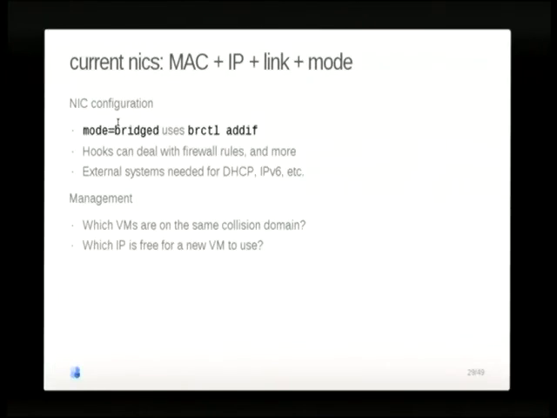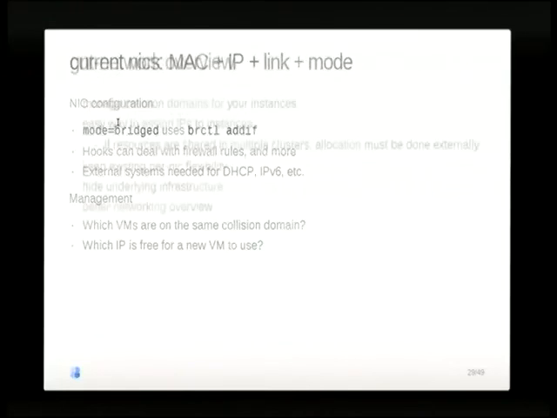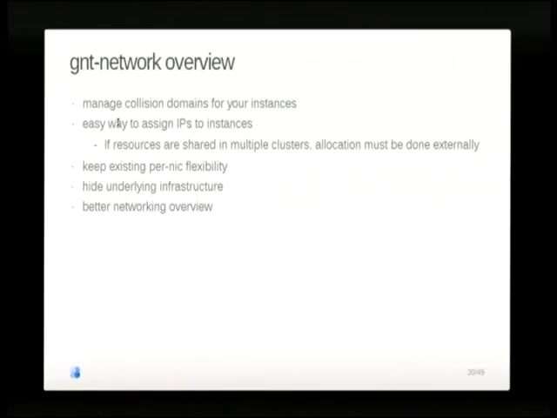But yeah, so luckily the GRNet people didn't have this solution, and so they implemented a native one in Ganeti. So they implemented GNT network. GNT network basically says which collision domain your machines are on, right?